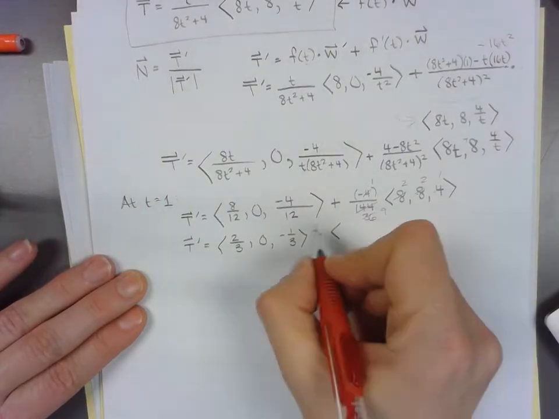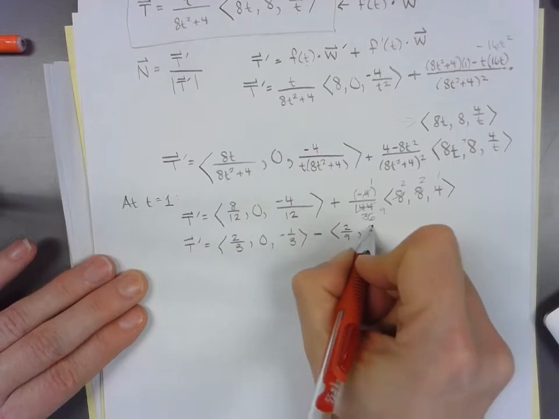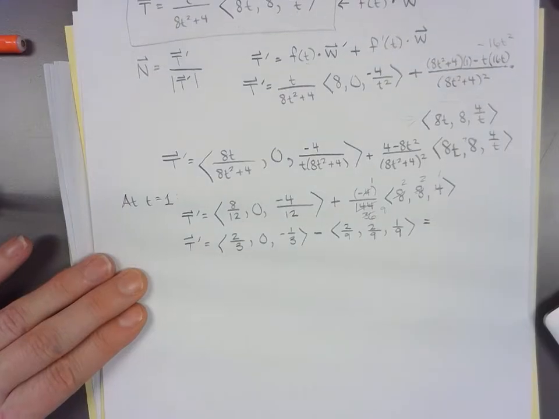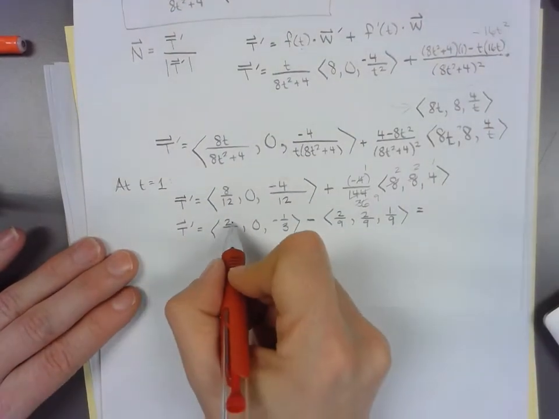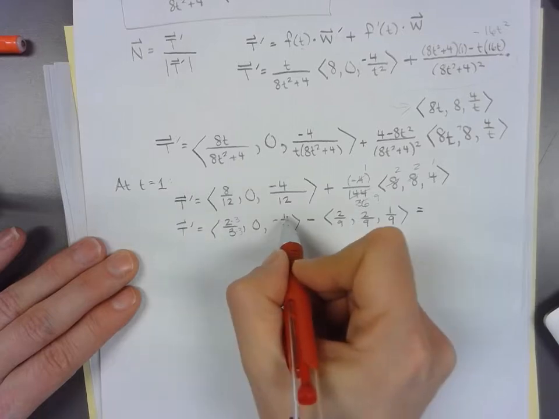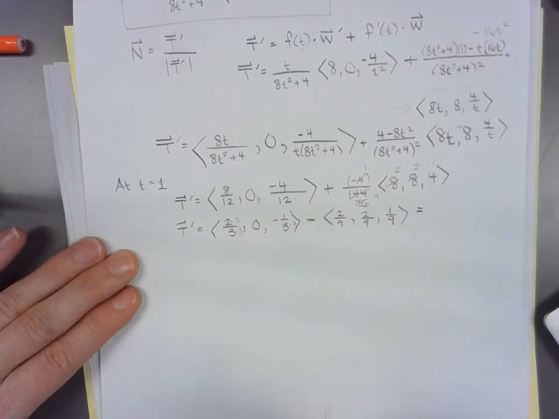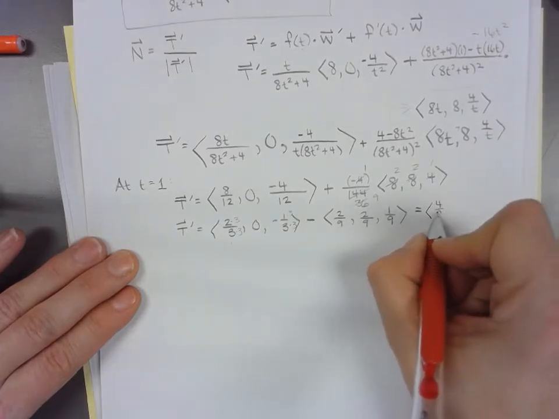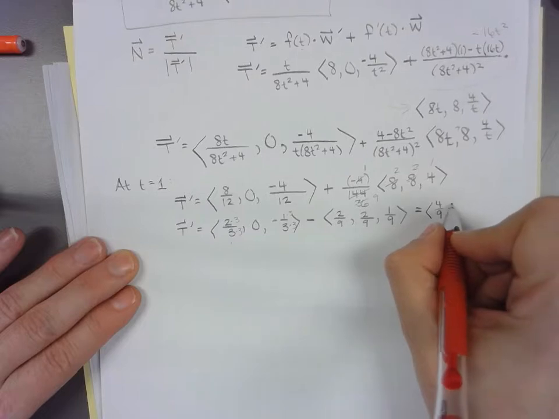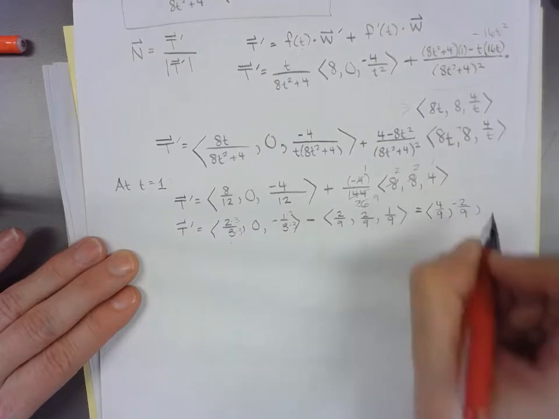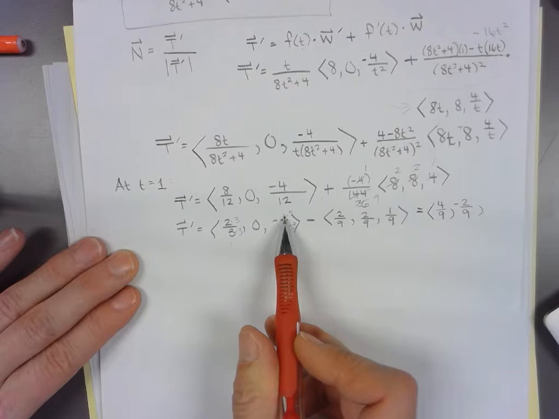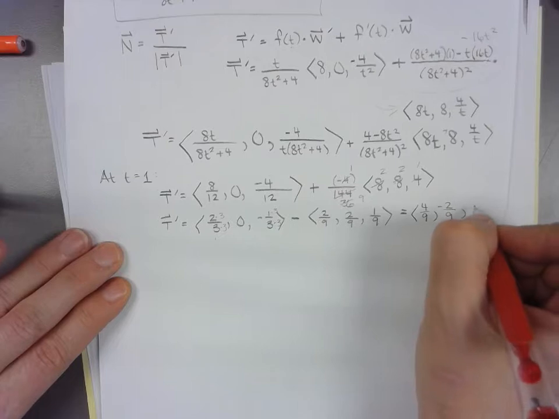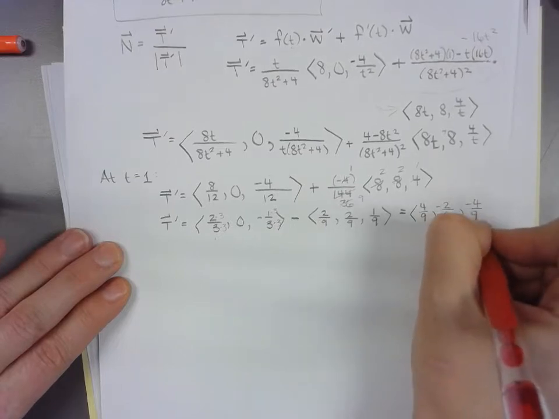So I'd have 2/9, 2/9, 1/9. So now it's relatively easy to get a common denominator. 6/9 minus 2/9 is 4/9. 0 minus 2/9 is negative 2/9. Negative 3/9 minus 1/9 would be negative 4/9.